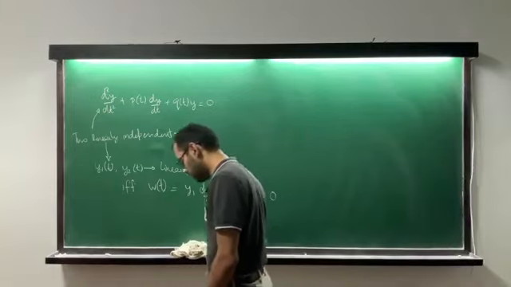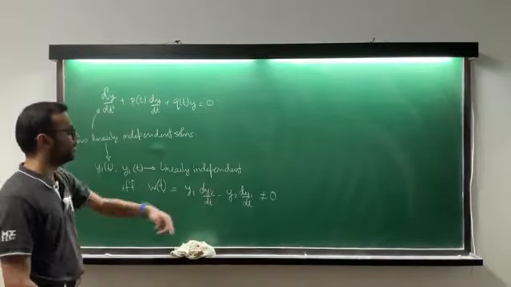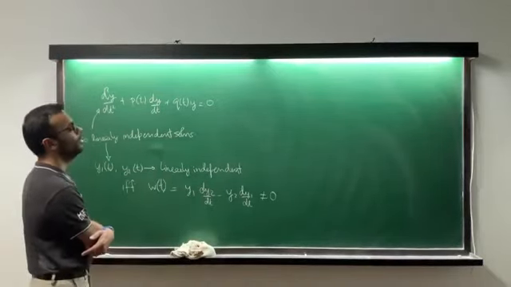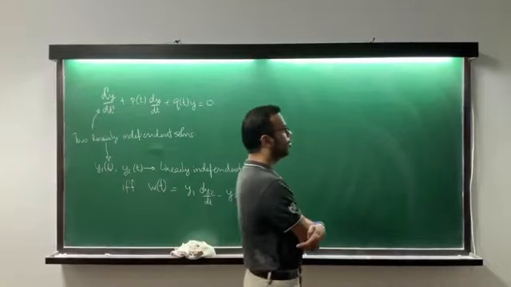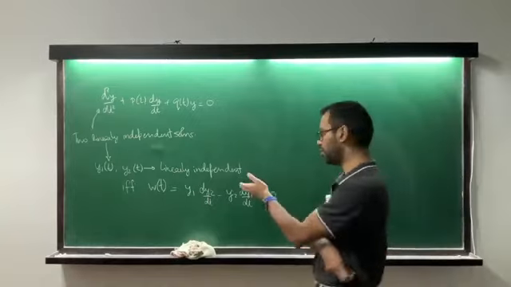So you take y1 and y2, you look at this combination, y1 dy2/dt minus y2 dy1/dt. If that combination ends up being 0, then the two of them are linearly dependent. You can check this quite easily.